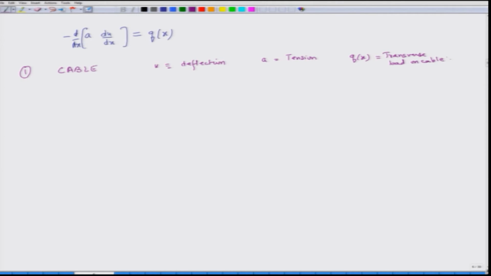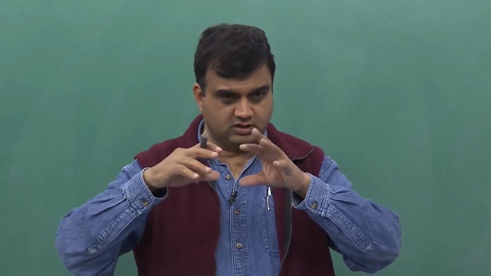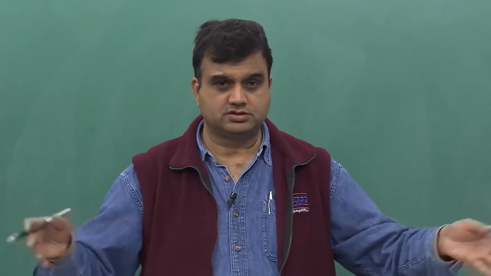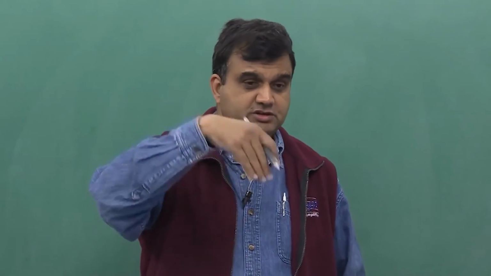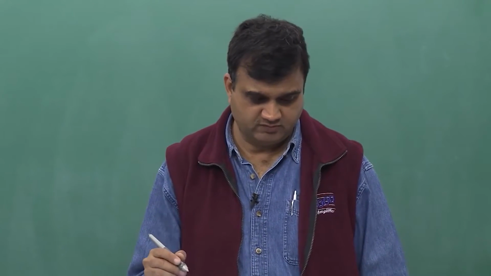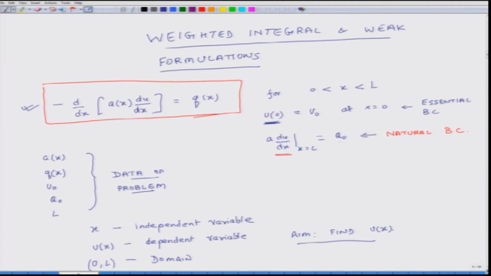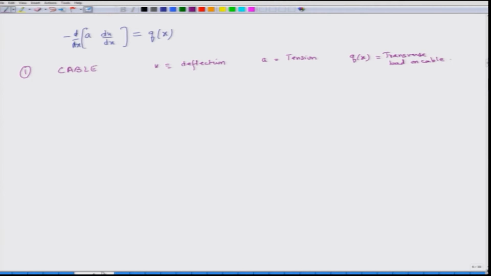An example of transverse load could be the weight of the cable itself, or if there is something sticking to it, or I can apply some external force also. So, that is the transverse load on the cable. And in the boundary conditions we had this parameter Q naught.